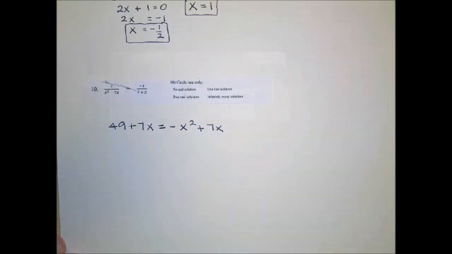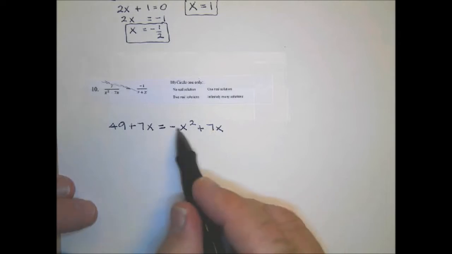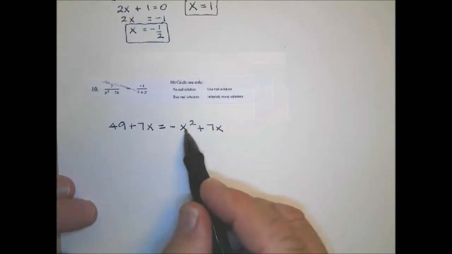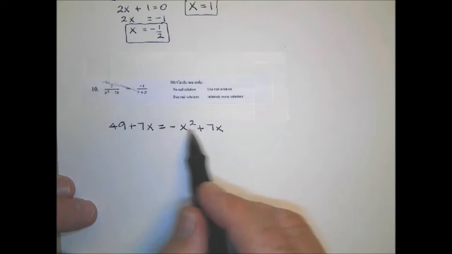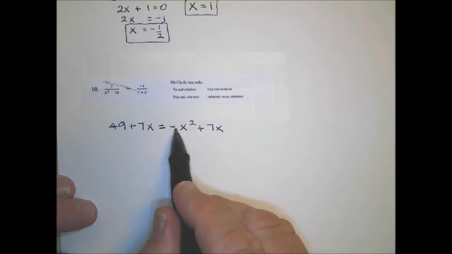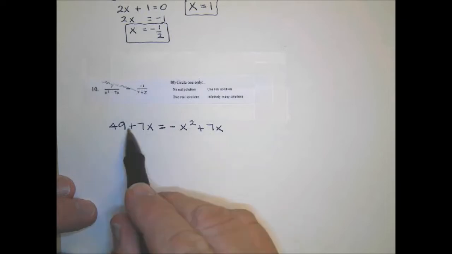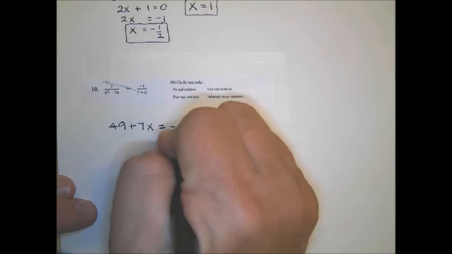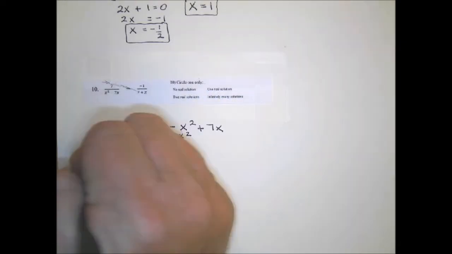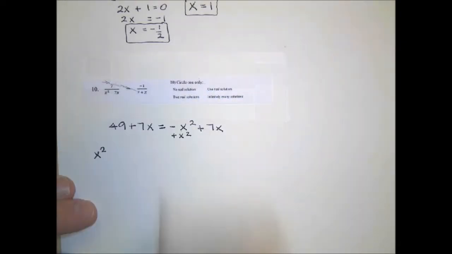Now, I notice my negative x squared is over here. So what I'm going to do is move everything on the right over to the left, because I want that x squared to be positive. So I would add an x squared right there.